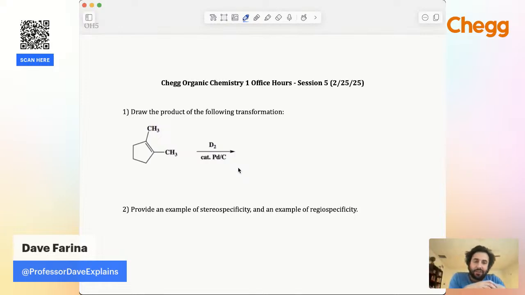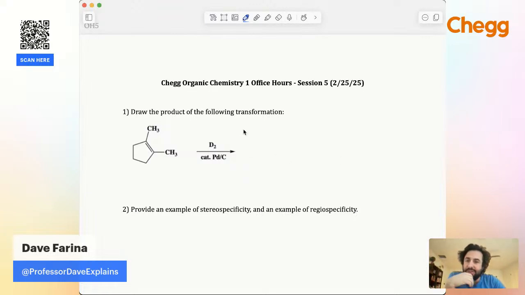Addition reactions operate on alkene or alkyne substrates, so we'll look at a lot of stuff with alkenes. Remember, pi bonds have to be involved on the substrate in an addition reaction. So we're going to go through a bunch of addition reactions today, and we'll see where we get.